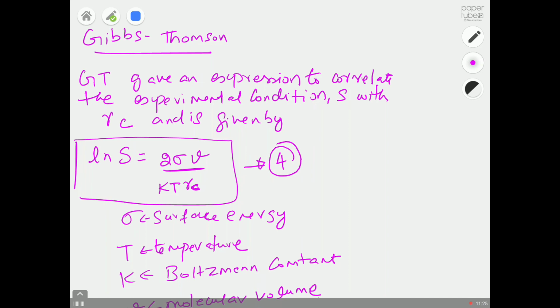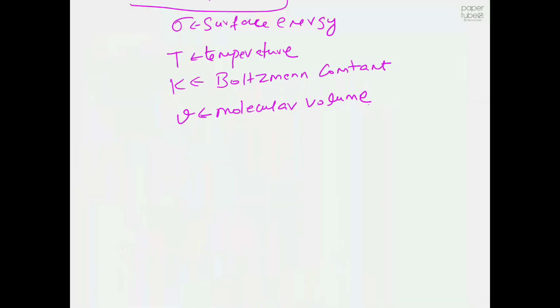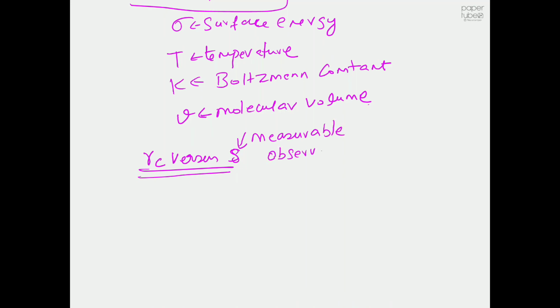So this is equation 4, and RC is equation 3. So far we now have the relationship between RC versus your supersaturation. This is something that can be measured, supersaturation. So this is measurable, or if you want we can call it observable.